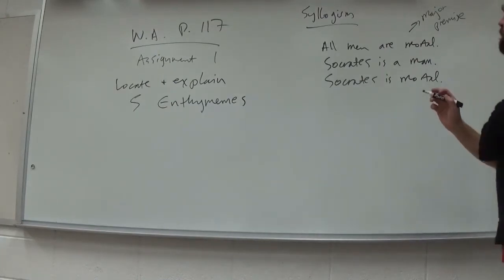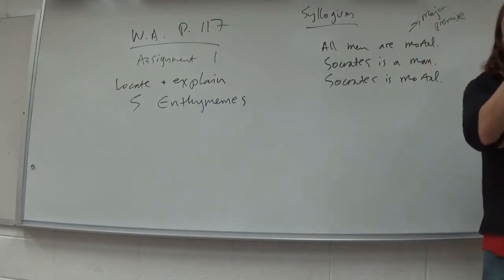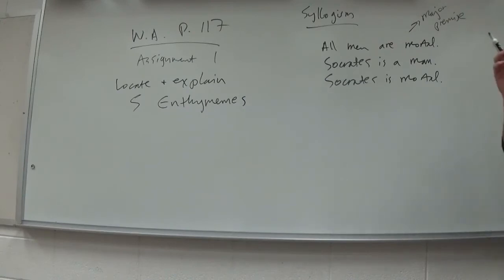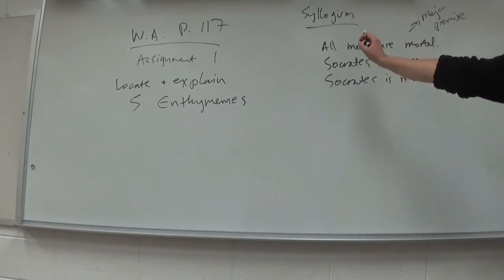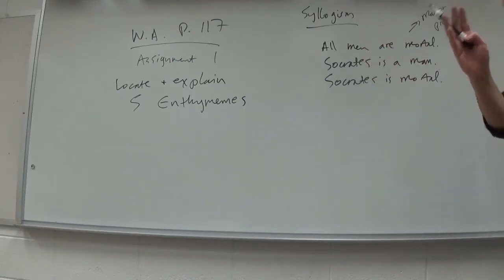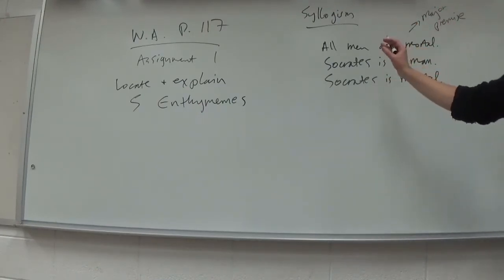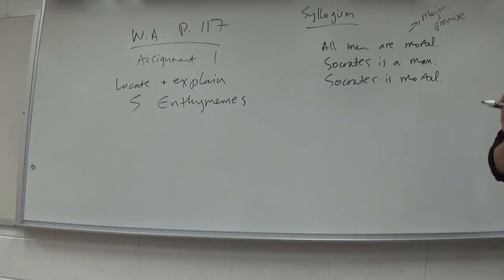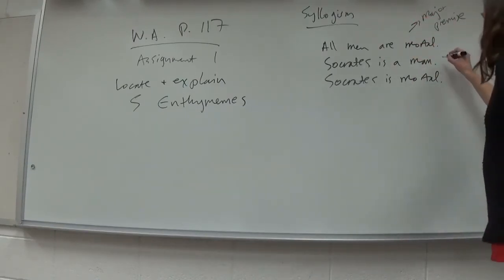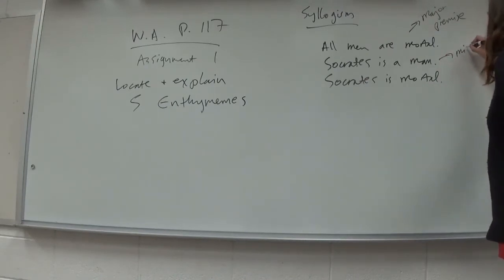The second sentence is the application of a specific case to the major premise. You're picking one individual out of the category of all men, in this case Socrates, and you're applying that characteristic to him. Socrates is a man. Specific case.